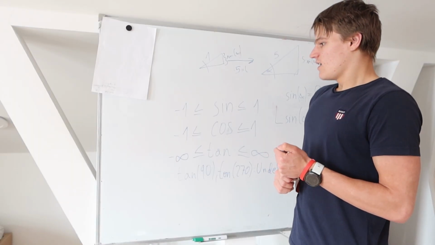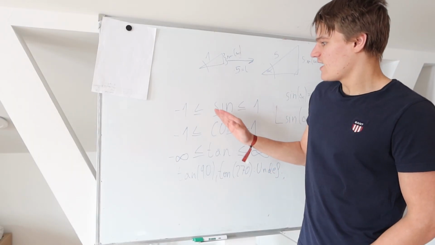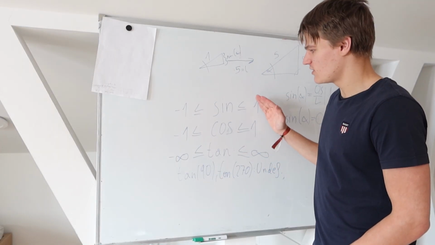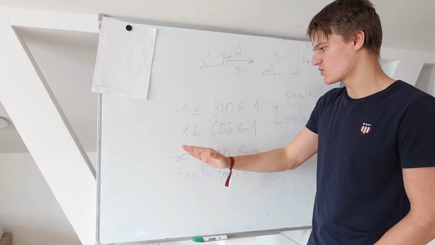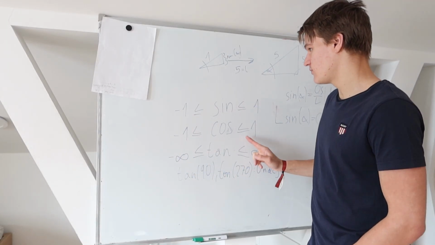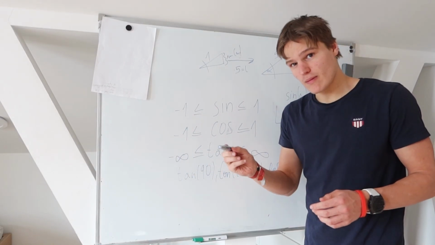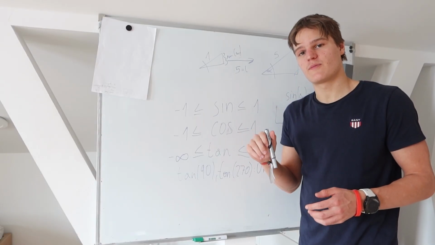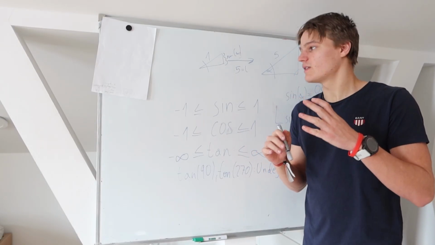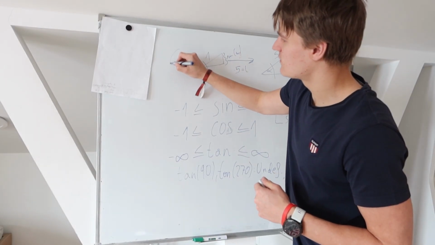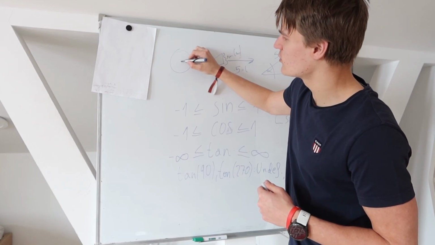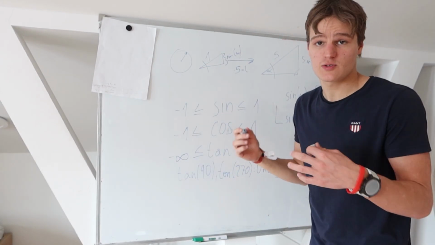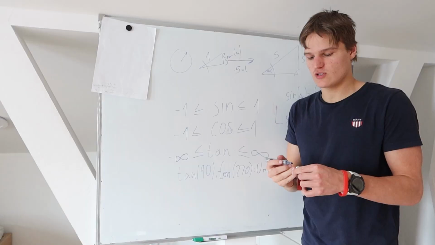Anyways, moving on. Sine ranges from -1 to +1. Same goes with cosine, from -1 to +1, because if you remember that circle there, the maximum distance traveled from the center to the outer point cannot be greater than 1, because the radius is 1. So there's no way we can actually exceed 1.